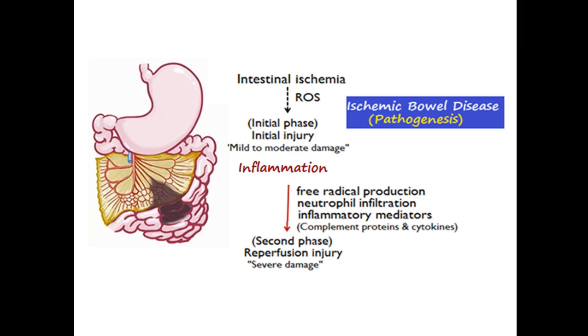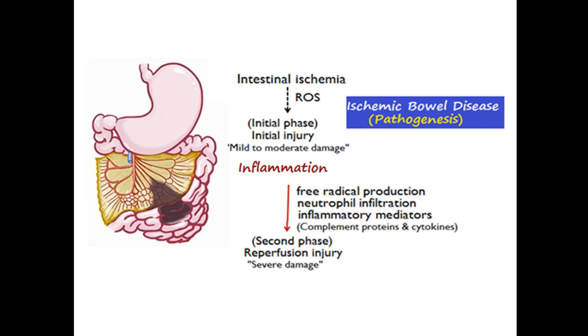And in ischemic bowel disease, the necrotic cell death results in the formation of reactive oxygen species and various enzymes that are released from the dead and necrotic cells, and in the initial injury they will cause intestinal ischemia and infarction by the release of reactive oxygen species and various enzymes released by the necrotic cell deaths.